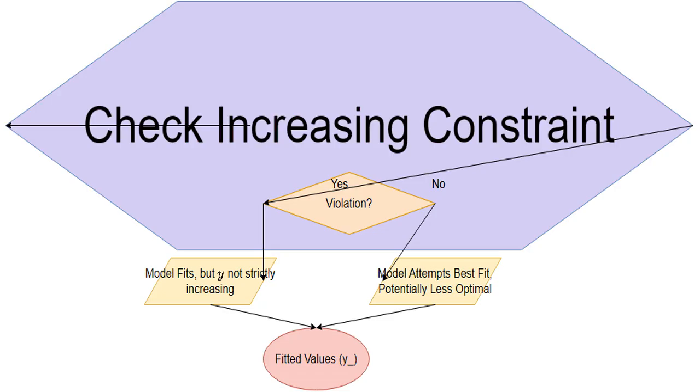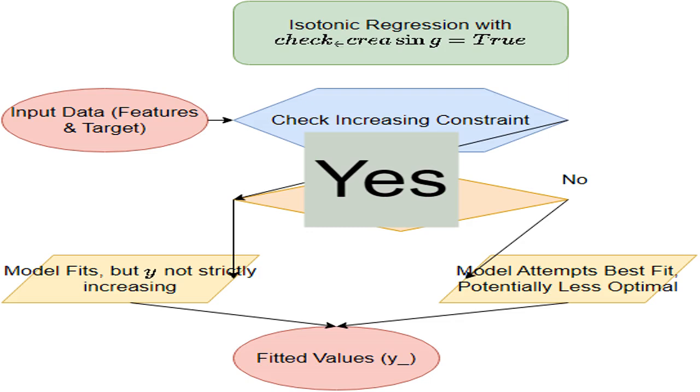I'm checking if the data satisfies the constraint that the target variable increases or stays constant as the features increase. This is what the check_increasing equals true parameter enforces. If the input data violates the condition of constantly increasing or at least not decreasing, then this is what happens.